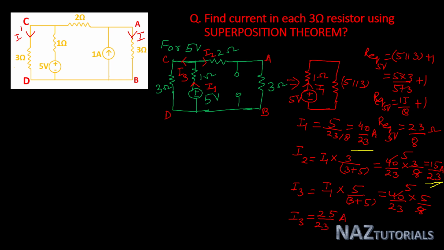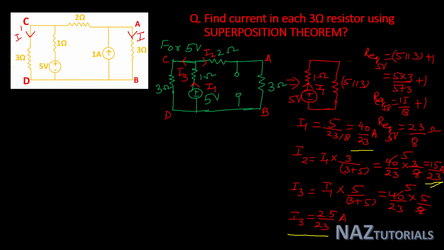So this is the total current by 5 volt voltage source. So the 5 volt voltage source will provide current in AB branch, I2 is 15 by 23, and in CD branch, that is I3 is 25 by 23. This is the response by 5 volt source.